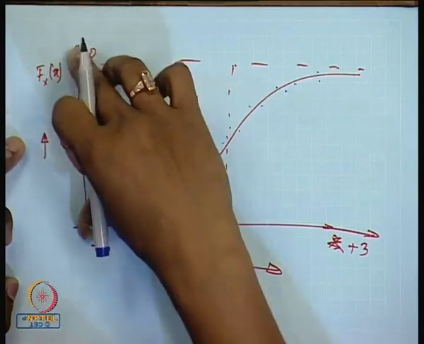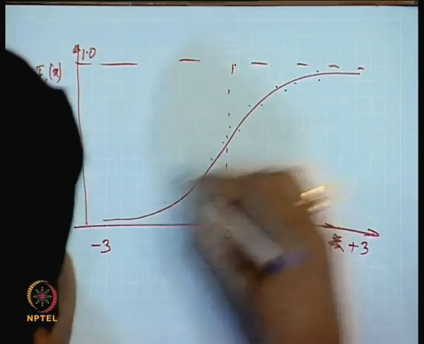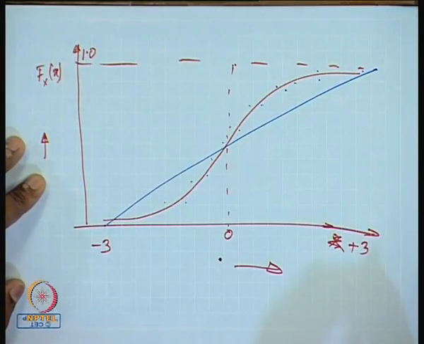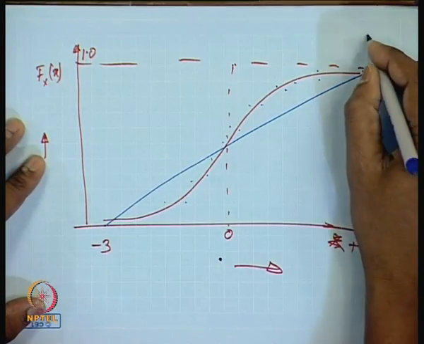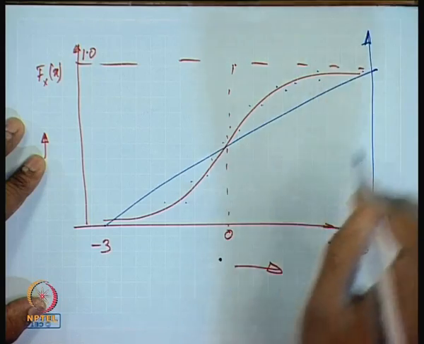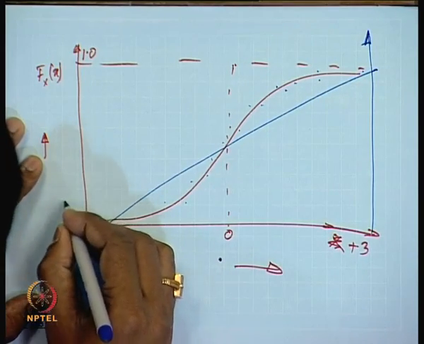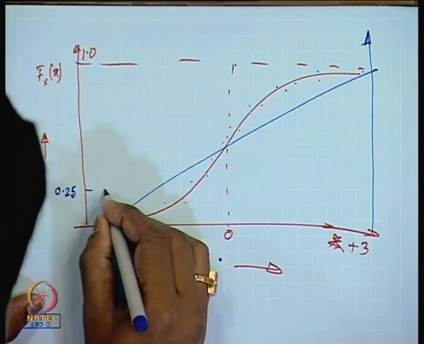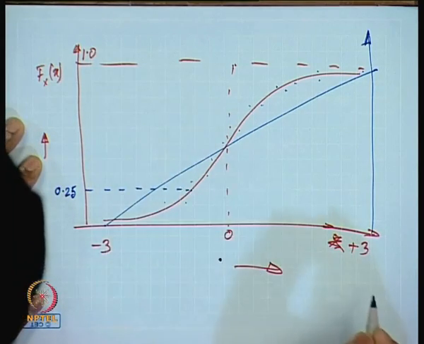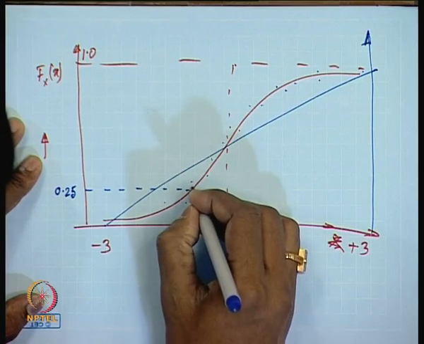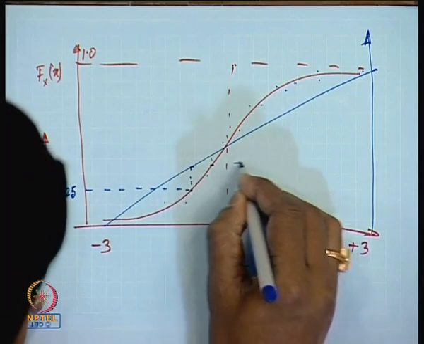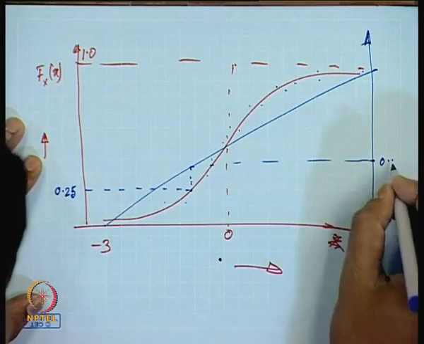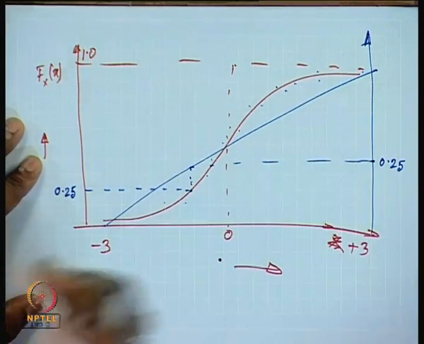So, to make this axis distorted, what we generally do is take a straight line between these, and let us create one new axis here, such that suppose I am starting from point 0.25. I start from this line, go up to this point, then go to this straight line, and from this one I give the number 0.25.